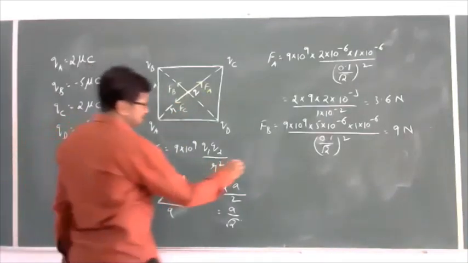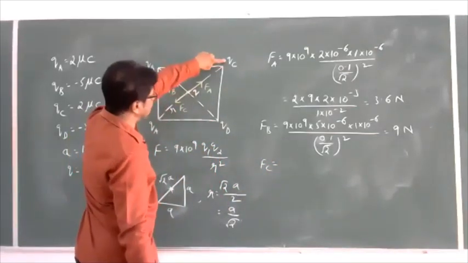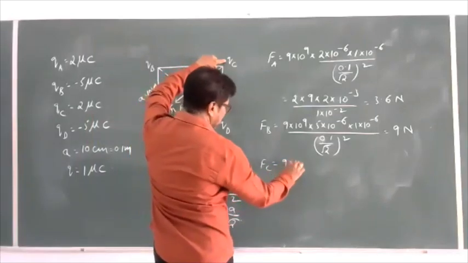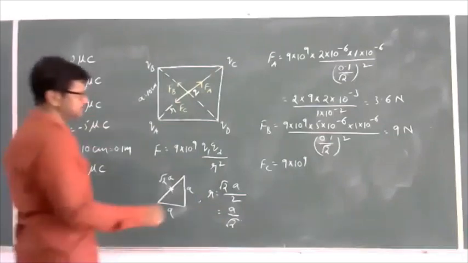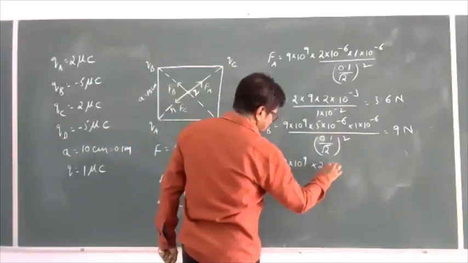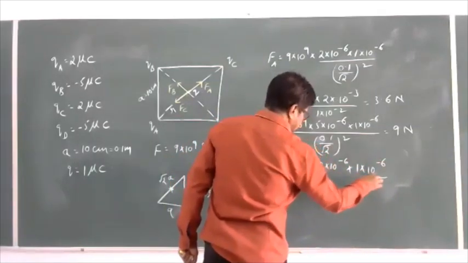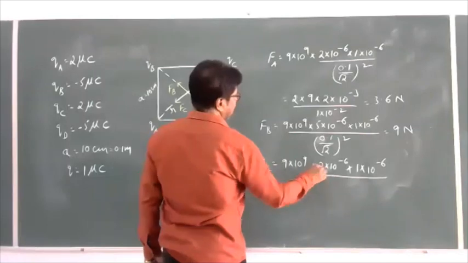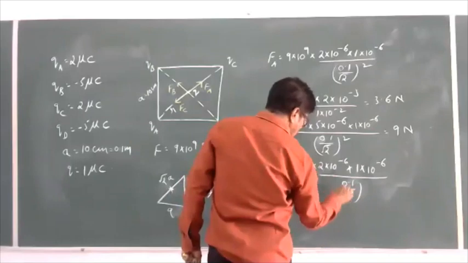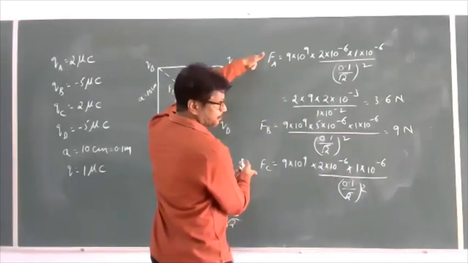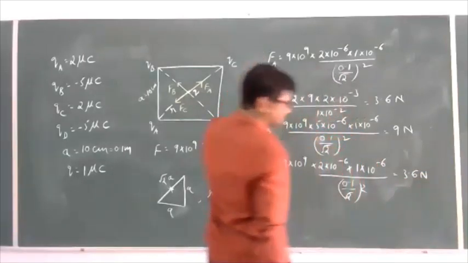FC is equal to 9 into 10 to the power of 9, Q1 is 2 microcoulomb, 2 into 10 to the power of minus 6, Q is 1 into 10 to the power of minus 6, divided by 0.1 by root 2 whole square. It is the same, so if you simplify, you get 3.6 Newton.